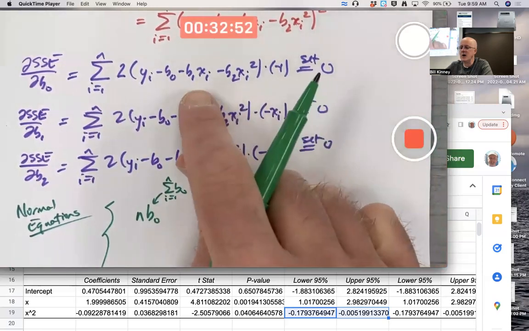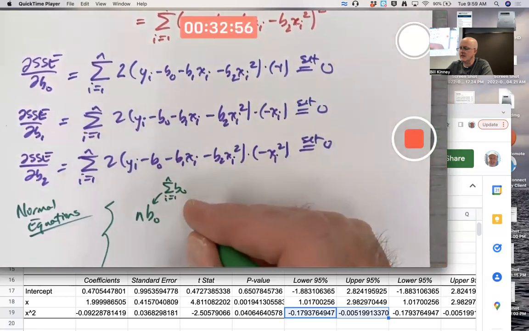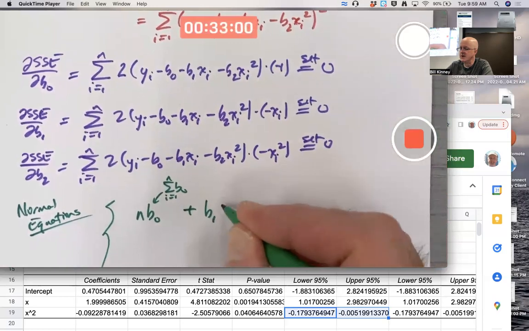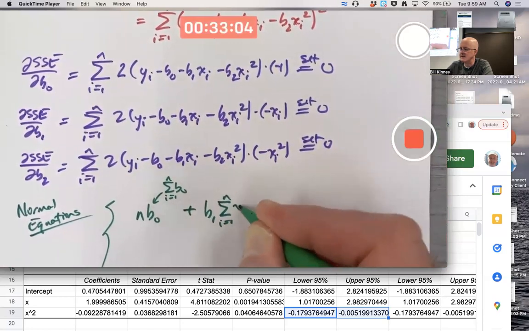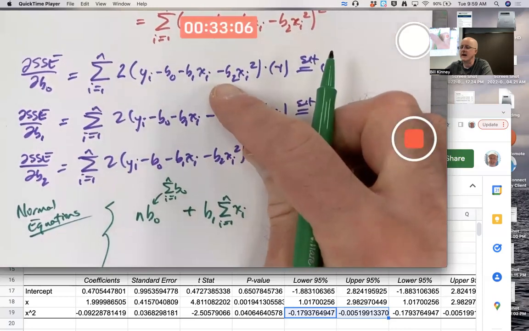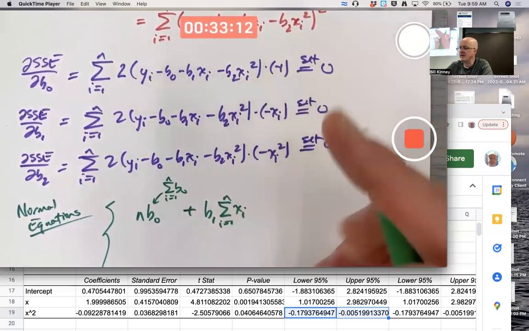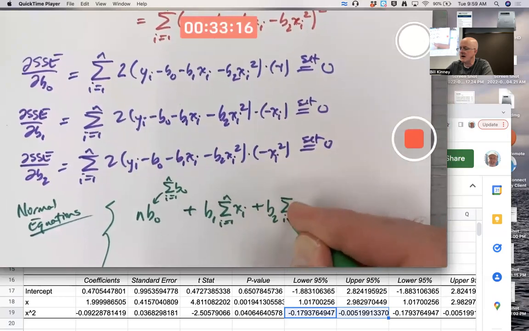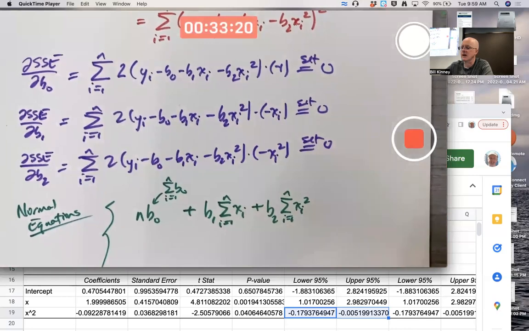With the B1 term, the B1 can be factored out of the summation because it's a constant. It'll be B1 times the summation of the xi's, from the fact that there's an xi there. B2 can be factored out of the next one times the sum of the xi² coming from this one.